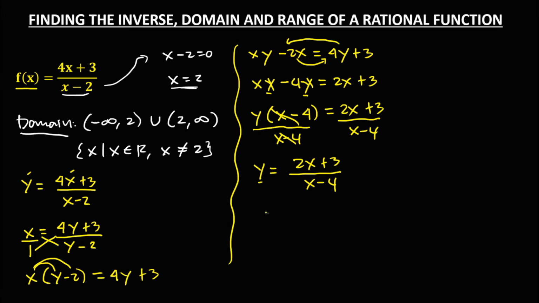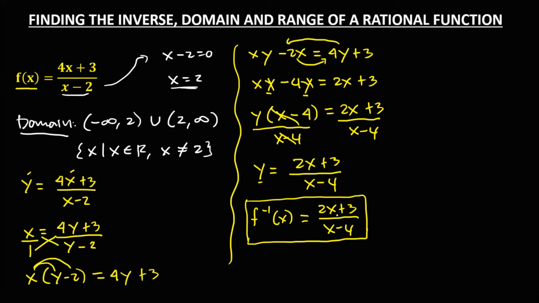Then we need to replace this y by the inverse of f of x, which equals 2x plus 3 over x minus 4. So this is now the inverse of the given rational function. Then from this inverse, to find the range, first we need to equate this denominator to 0 and solve for x. Transpose, so x is equal to 4.